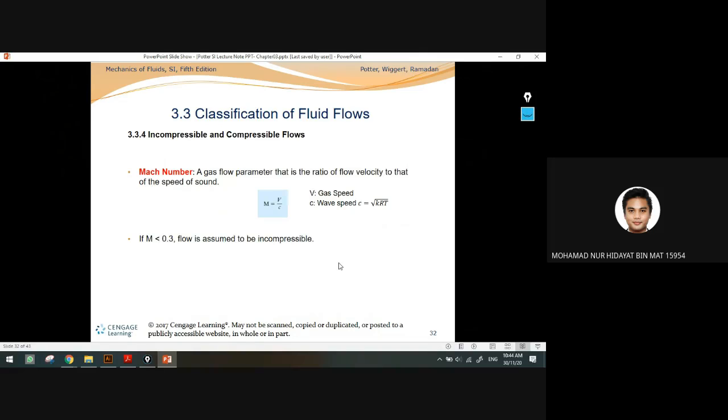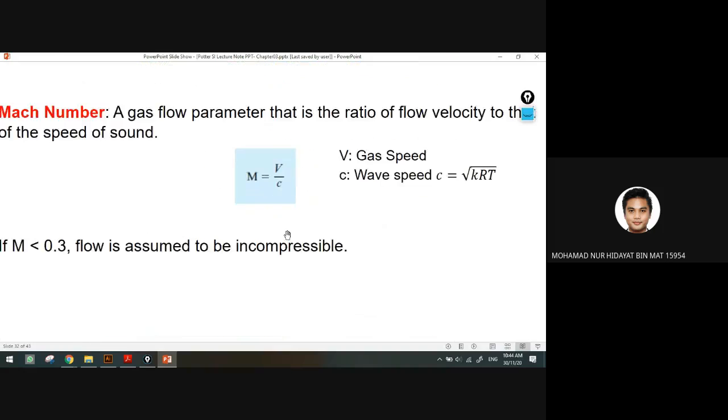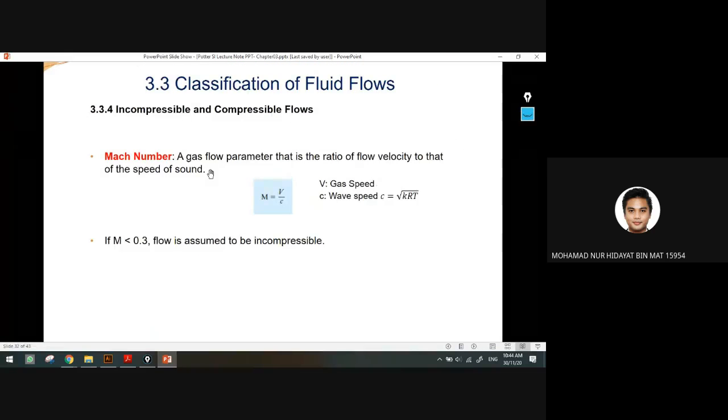Next, we learn about the Mach number. The Mach number is related to the flow velocity with respect to the speed of sound. For example, if a rocket or jet is moving at Mach 3, it is 3 times the speed of sound.